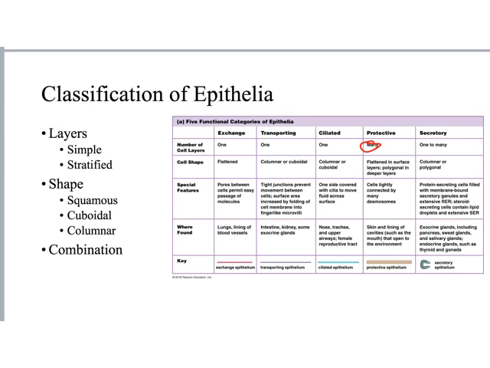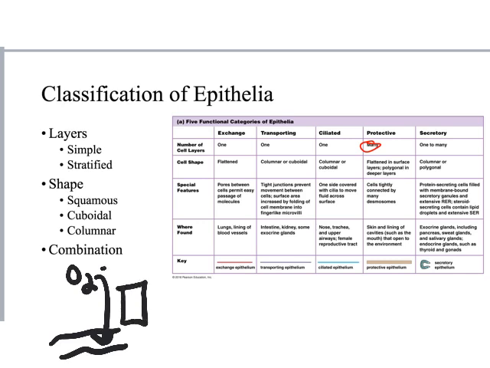Let's just say, for example, here, let's say I've got oxygen here, and I've got blood flowing here, and I want that oxygen to get into the blood, right? If I have columnar epithelium, then that oxygen has to travel all that distance through the columnar epithelium.